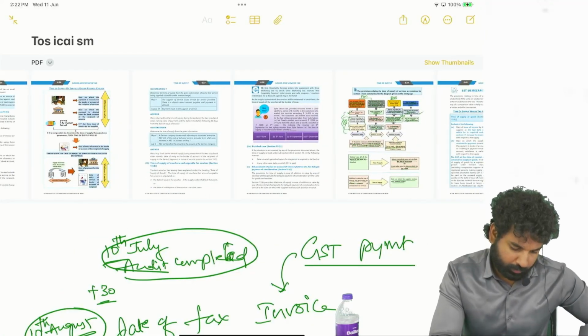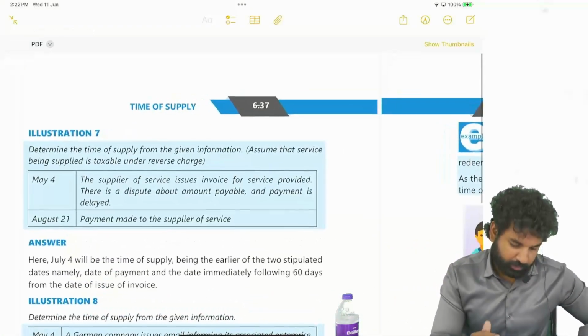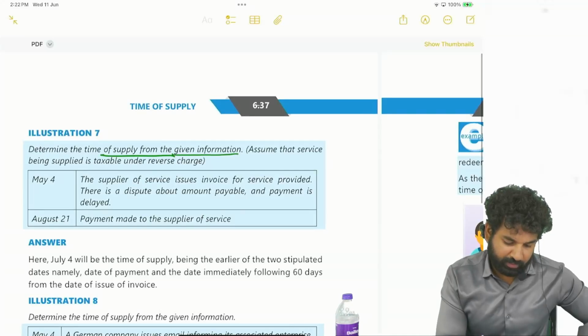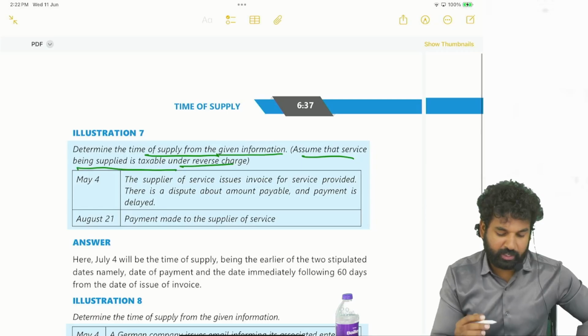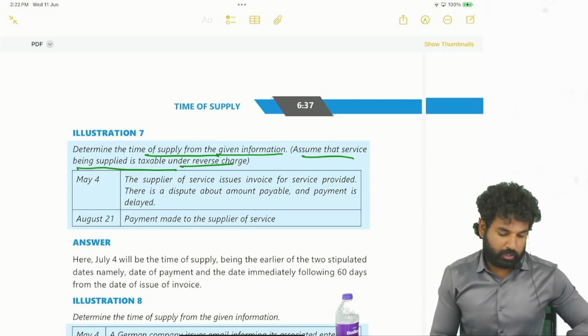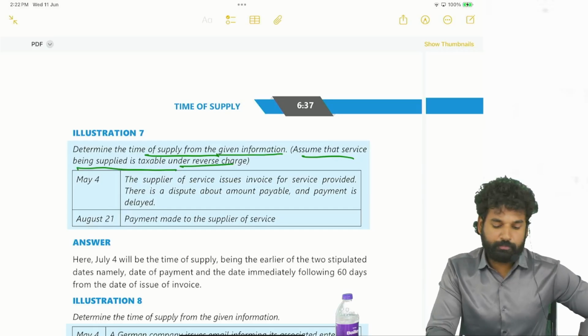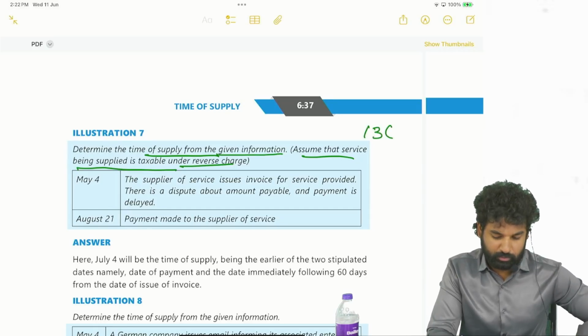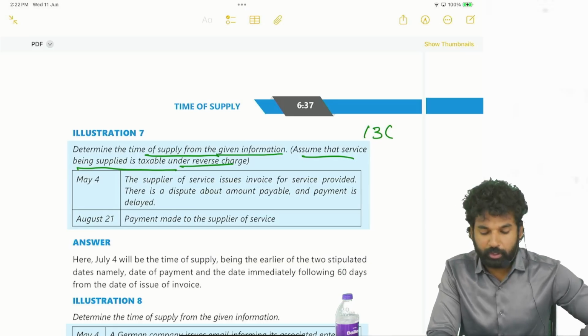Okay, next, illustration 7 here. Determine the time of supply from the given information. Assume that the service being supplied is taxable under reverse charge. So reverse charge service, section 13, subsection 3.